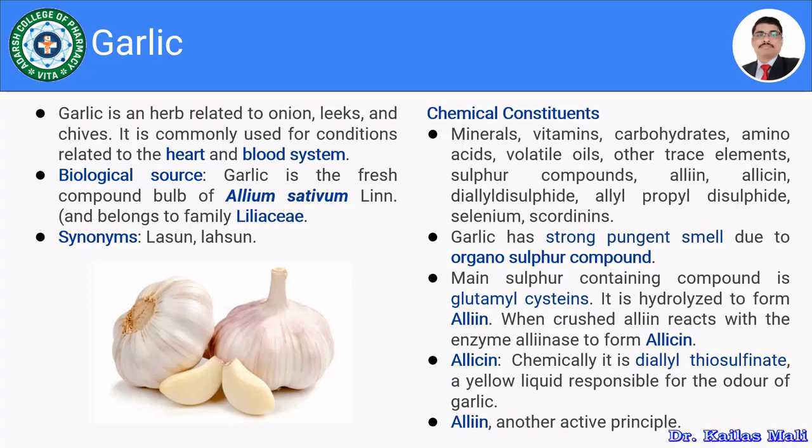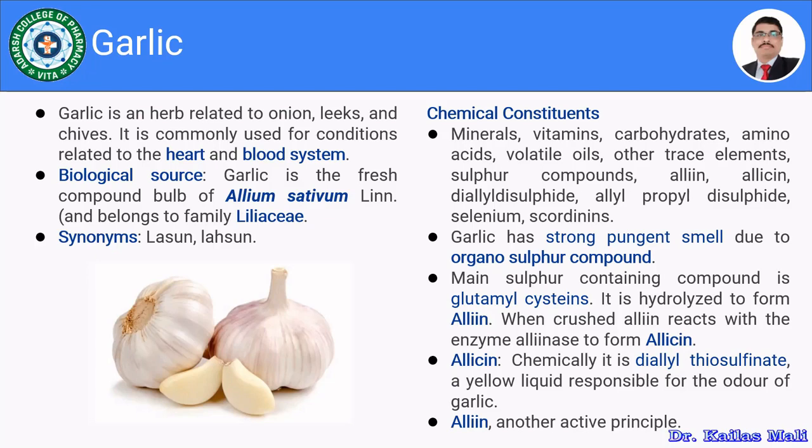See the image which I have placed on the slide so that you will understand what Lasun or garlic is. In the case of garlic, we are using the fresh compound bulb of Allium sativum, and mainly it is used for the treatment of certain cardiovascular diseases.